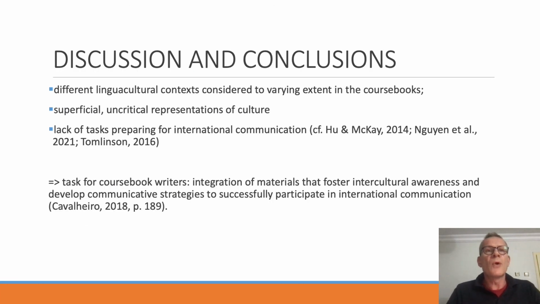So when we have a look, and due to time concerns, the look is very short, we saw in the course books analyzed that there are different linguacultural contexts considered to varying extent in the course book. So it changes from course book to course book.